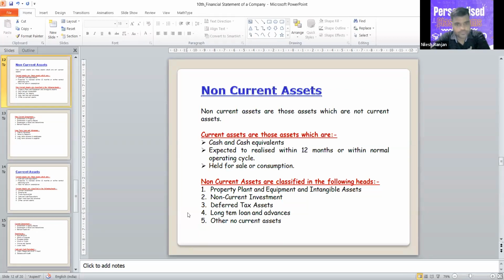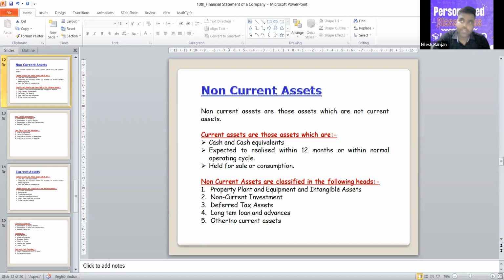The next is long-term loans and advances. I told you sometimes we give loans or advances to our employees, an advance to the landlord for their property, and sometimes we give advances to our supplier.